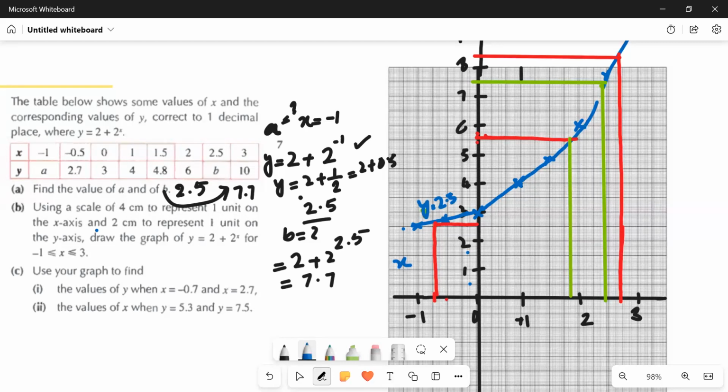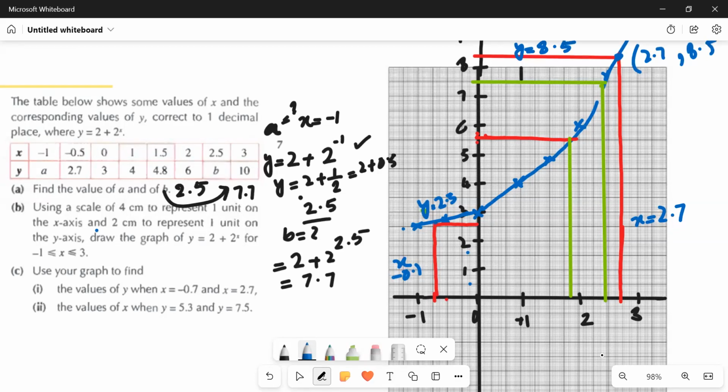When x is 2.7, then the y value is 8.5. So this point is 2.7 and 8.5.